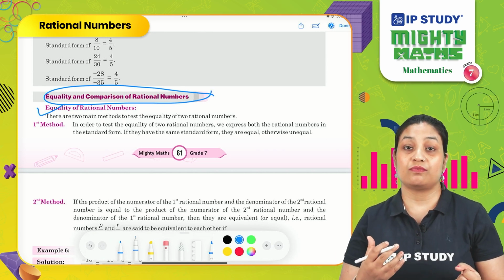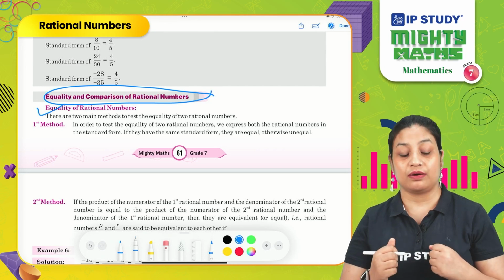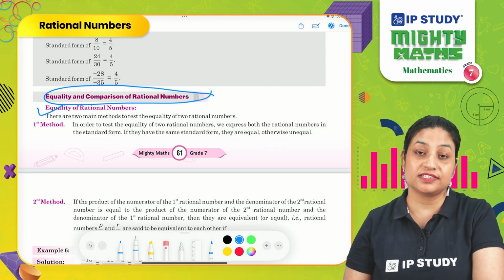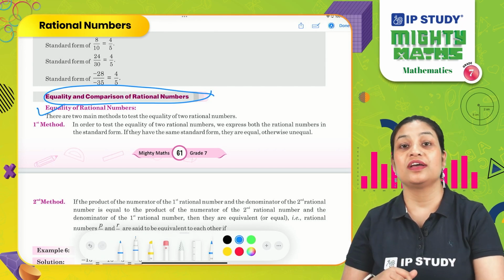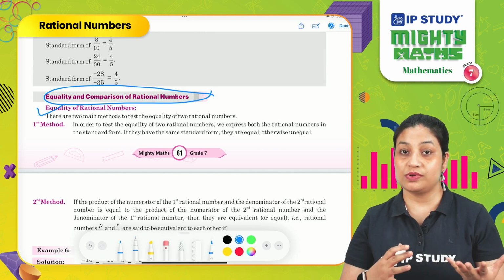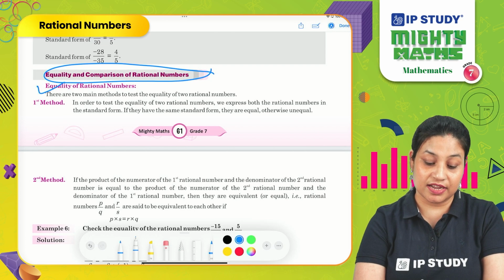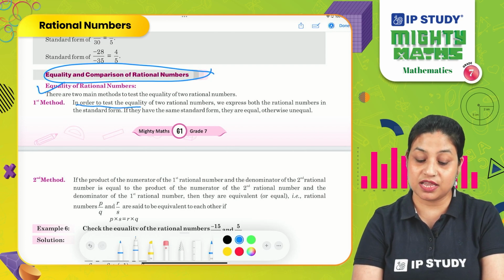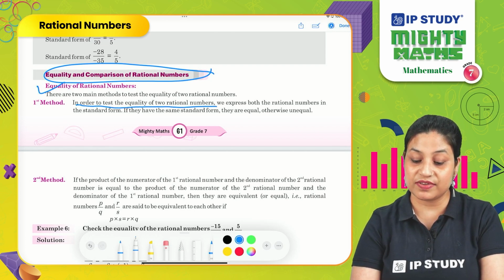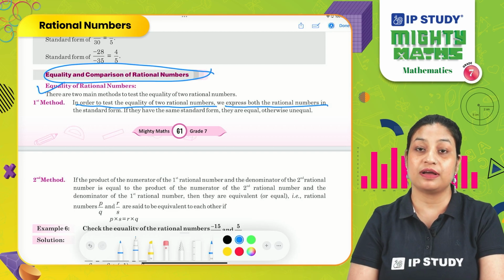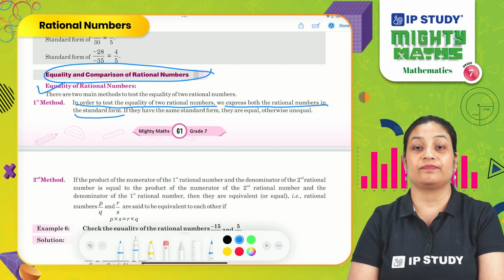For that, how are we going to find out? Let's see. There are two methods that you can use in order to find out if two given rational numbers are equal or not. So let's check the first one. The first method says, in order to test the equality of two rational numbers, we express both the rational numbers in the standard form.